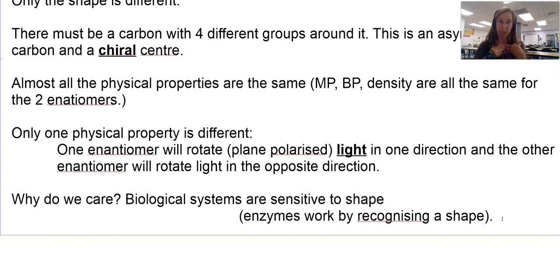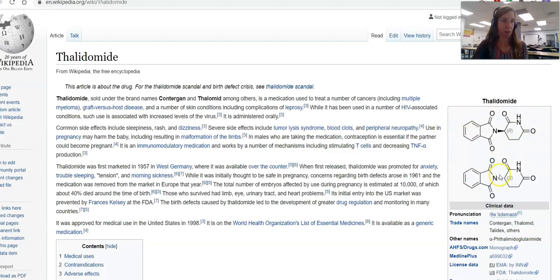There's a really famous example of this, and it's called thalidomide. So here's the thalidomide molecule, and it's got this one carbon right here that has 4 different groups around it, and you can have the R form or the S form. And you can think of that as like the right-hand form and the left-hand form.